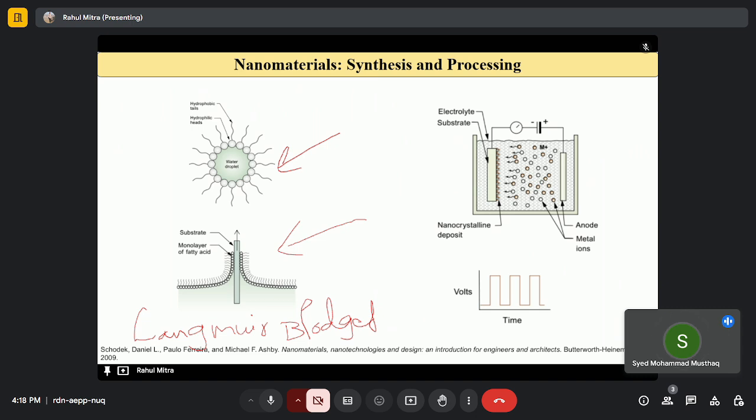So we have fatty acids. In fatty acids, we have hydrophobic and hydrophilic ends. Those with the hydrophilic ends will get attracted to the substrate, and once this substrate is taken out from the medium, we have a monolayer of fatty acids attached to the surface.